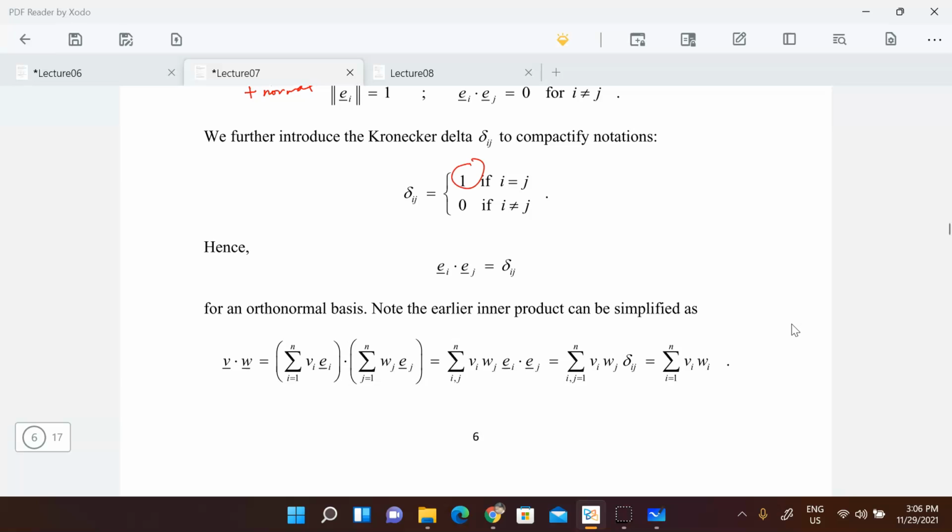If it's different, say delta 1, 2, then it will be equal to 0. So that means it's orthogonal. And the practicality of this orthogonality is that you can always simplify your calculations, which reduce to the thing that you have seen for your inner product.